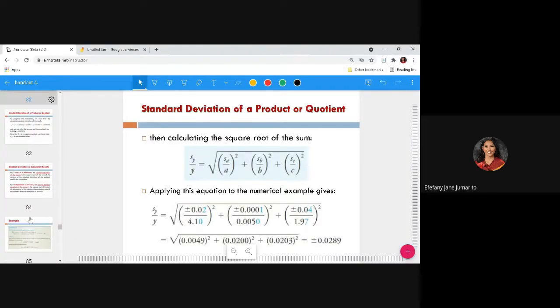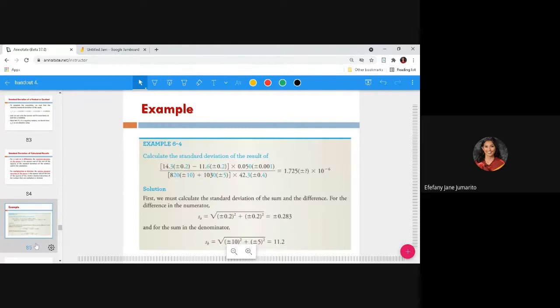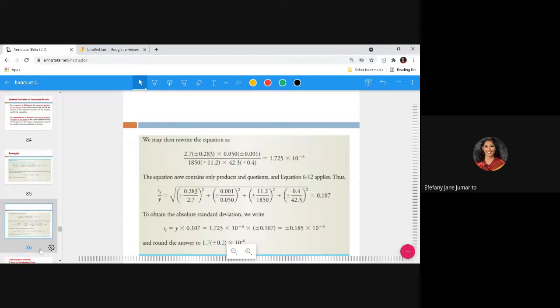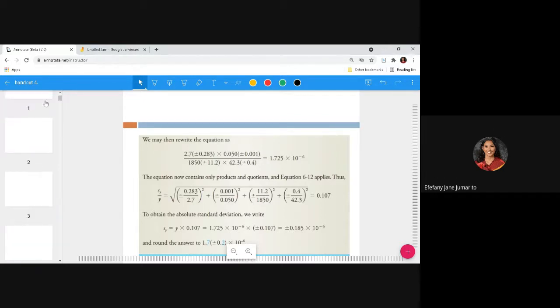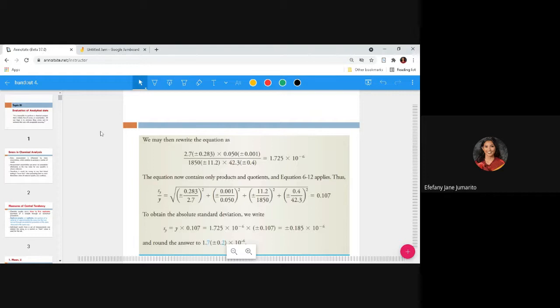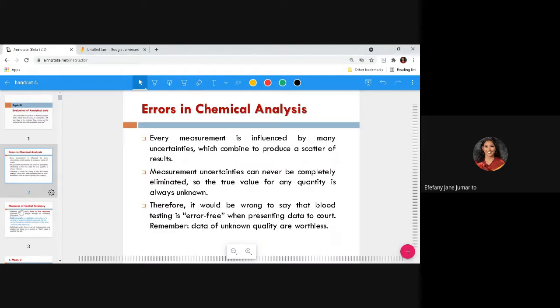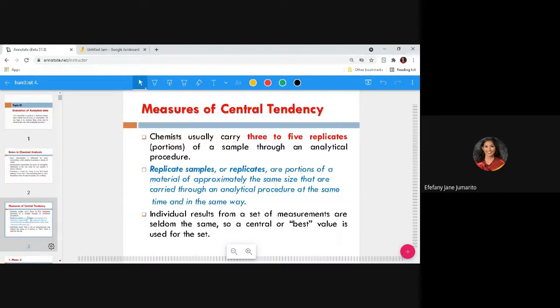Okay, so that's all for today. So we are done with our analytical evaluation of data treatment. Okay. So that's all for your exam on Friday. So easy. Just get the mean, median, mode, then you determine the type of error that is happening.